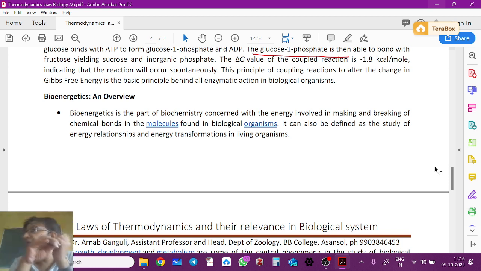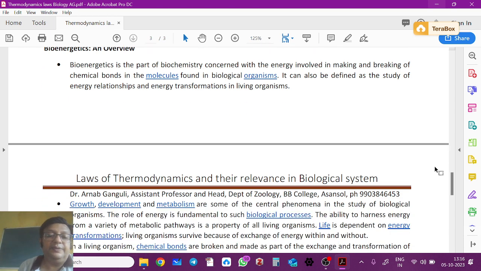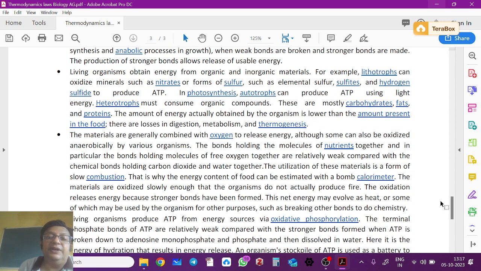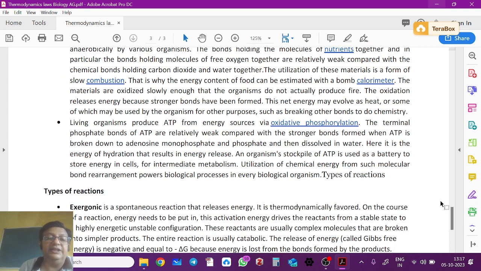ATP hydrolysis takes place, and the enzyme hexokinase does that. It breaks the ATP, and that energy is transferred inside the enzyme molecule into the glucose molecule, and it becomes a higher energy molecule. Growth, development, living organisms, autotrophs, respiration, any biological process requires the laws of thermodynamics to work.